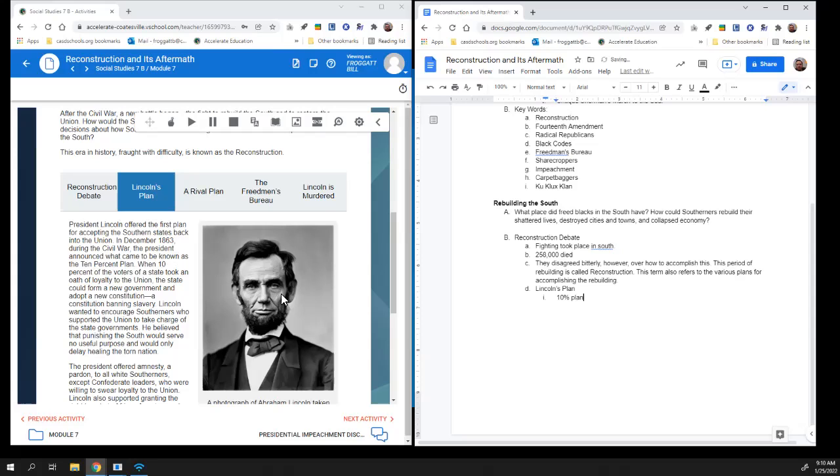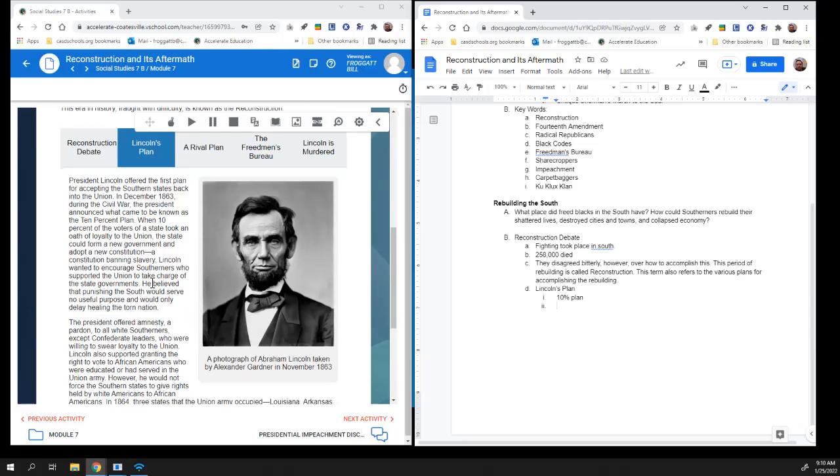When 10% of the voters of a state took an oath of loyalty to the Union, the state could form a new government and adopt a new constitution. So only 10% of the voters. So it wasn't much. 10% is a very small minority. A constitution, though, had to ban slavery. So even at the state level now, the Constitution would be banning slavery.